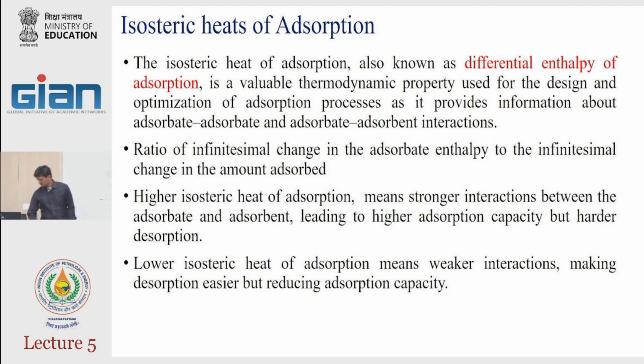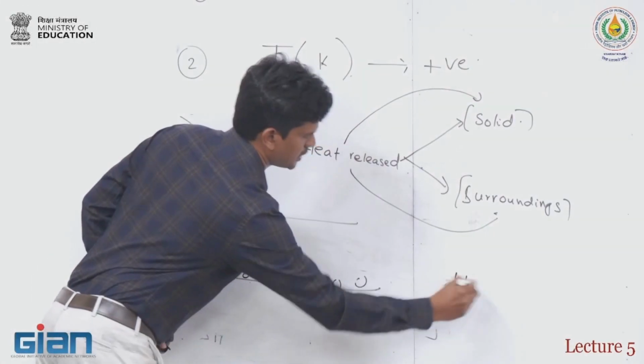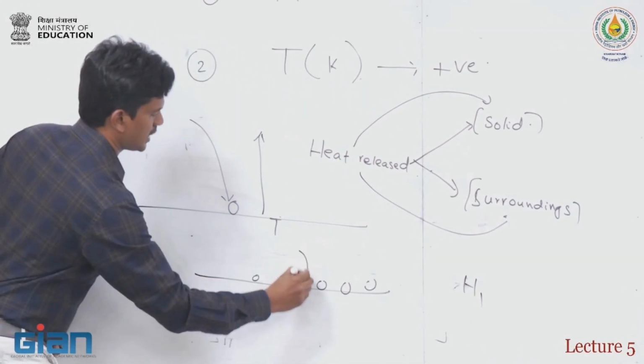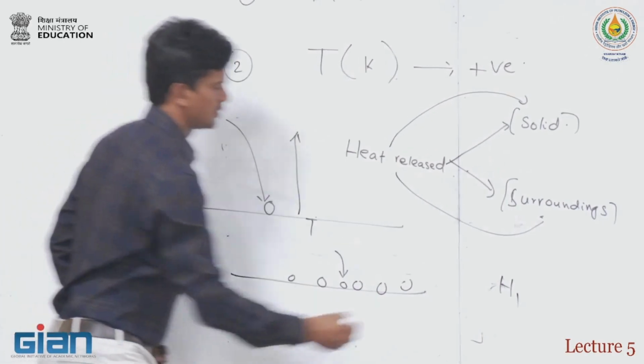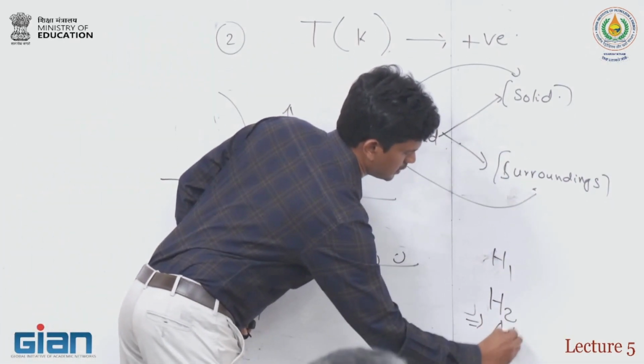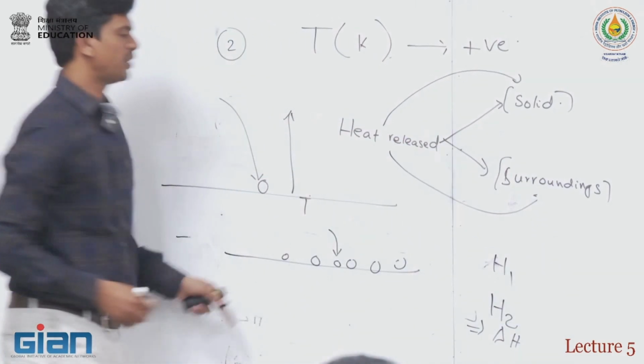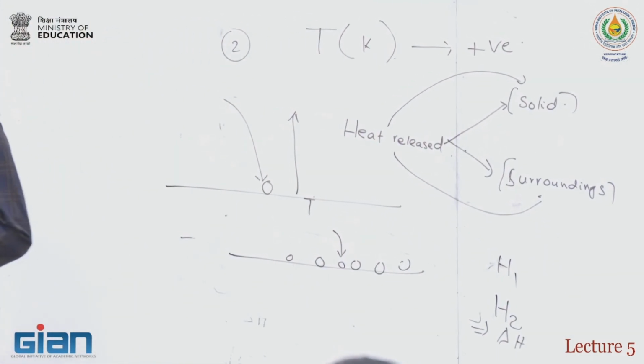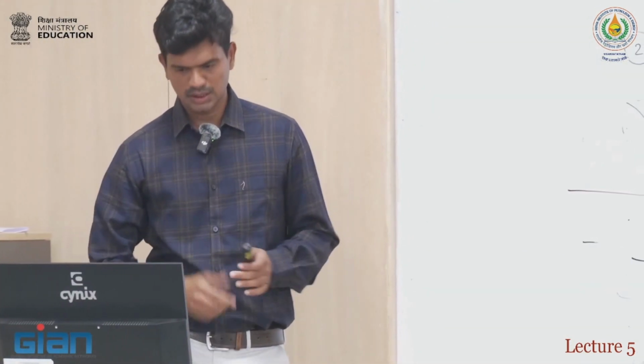When we have a solid with some gas molecules already adsorbed, which has an enthalpy of some H, and then you add a small amount of gas molecules and calculate H2, what we get is the change in enthalpy when we add a small amount.